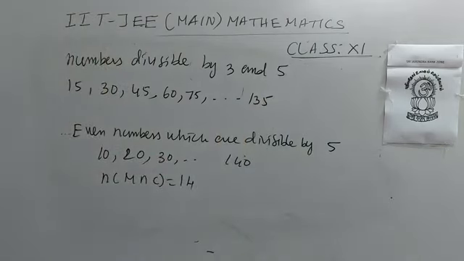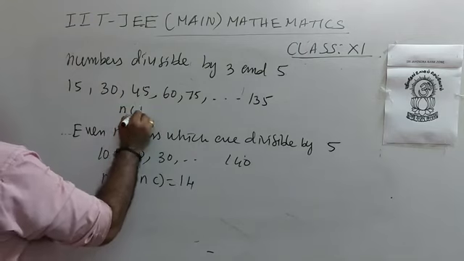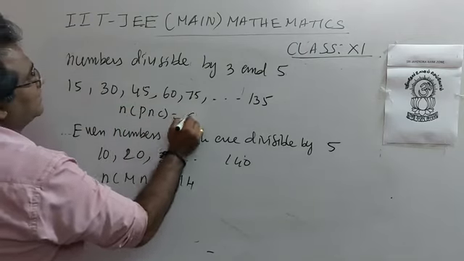There will be 9 terms. Therefore, n of physics intersection chemistry equal to 9, that is 9 into 15, 135.